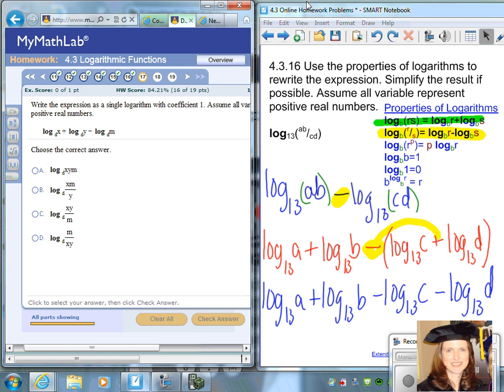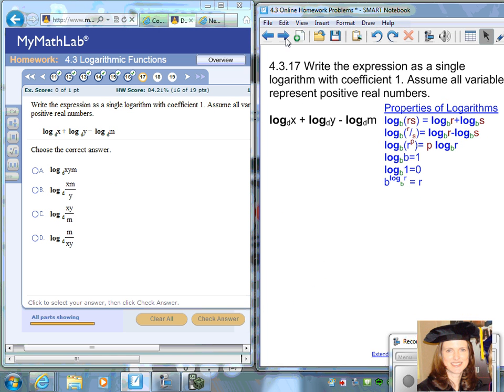Okay, look at number 17. Number 17, we want to write the expression as a single logarithm with coefficient 1. So in this case, we're going to work backwards. Using the first property of logarithms, we have these two logarithms split with a plus sign. We're going to do that with these two logarithms here.